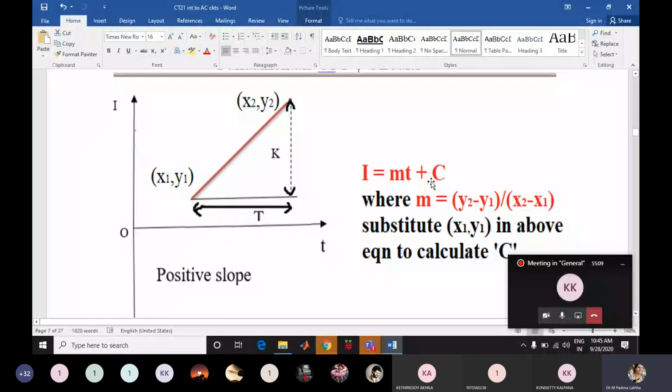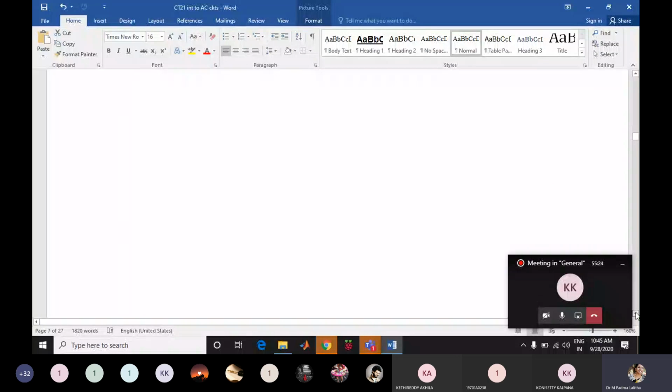Then how to find the c value? Substitute either x1, y1 or x2, y2 in this expression, because we know these values, to calculate c. So this is a positive slope. Again, for the negative slope also it is the same.